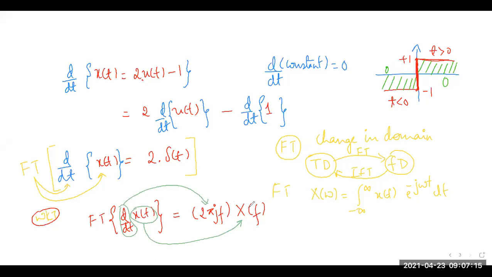In order to indicate this frequency domain, we have used capital X. In time domain, we represent that signal with small x, but for frequency domain, we use capital X. Because of this property, if I apply Fourier transform onto this differentiated signal x of t, I'll end up with this.